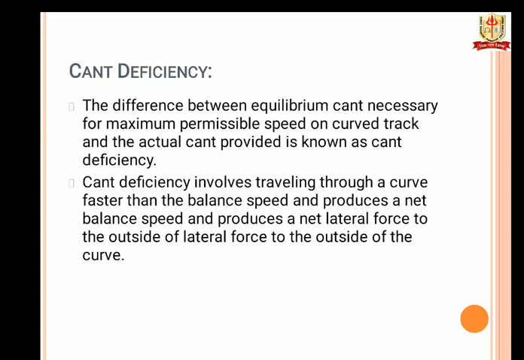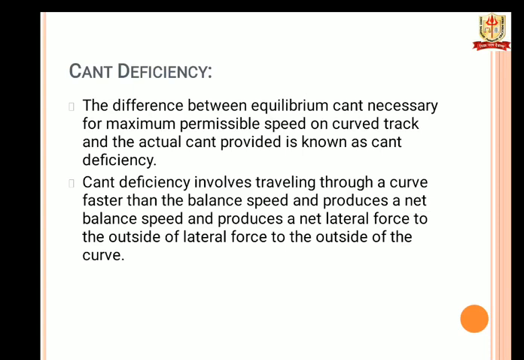Cant deficiency is defined as follows: when the theoretical cant required is greater than the actual cant provided at the speed of the train, the difference between the theoretical cant and the actual cant is called cant deficiency. Okay, so it is limited due to the following disadvantages of providing less super elevation.